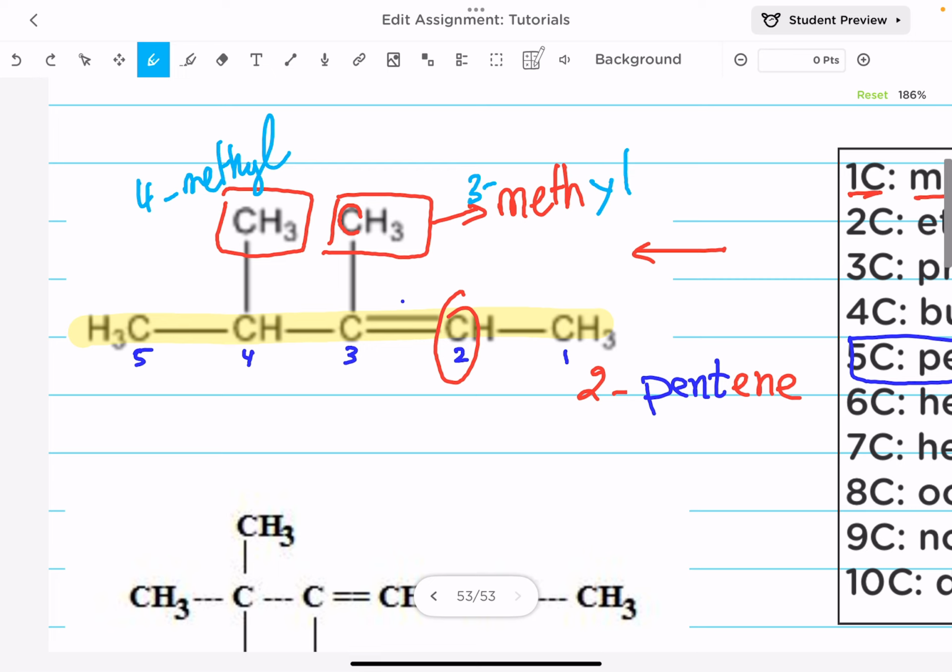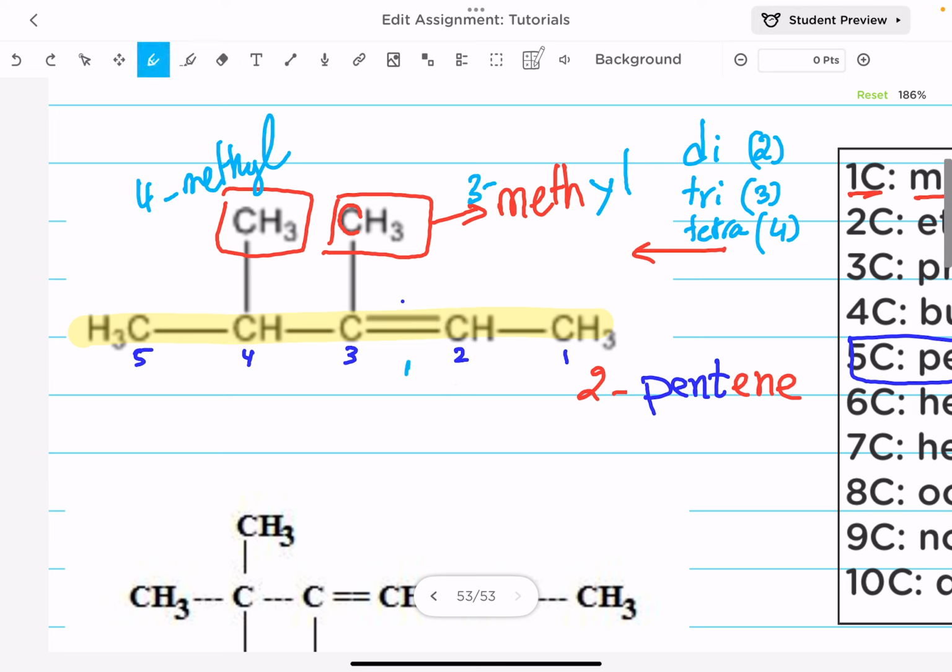Now, in writing the IUPAC name of an alkene or alkyne, we do not write the same name of the branches repeatedly. We can use the prefixes di, tri, and tetra. Di if I have the same branch repeated twice. Tri if I have the same branch repeated 3 times. And tetra if it's repeated 4 times. So here I have the methyl repeated twice.